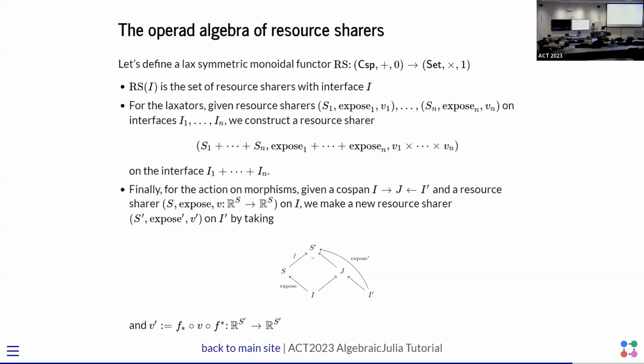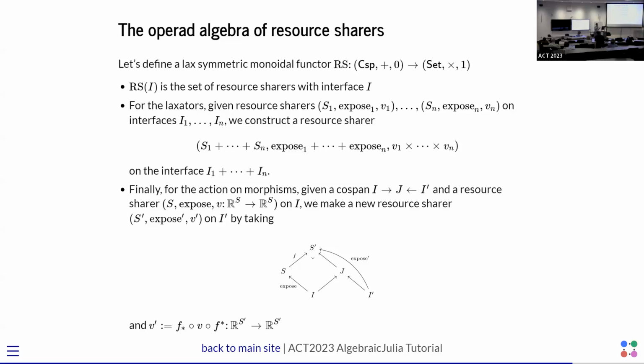Basically, we're going to take the disjoint union of them in some sense. So we're going to take the disjoint union of the state variables. We're going to then take the disjoint union of the functions exposing those, and then finally, we'll take the product of the vector fields.